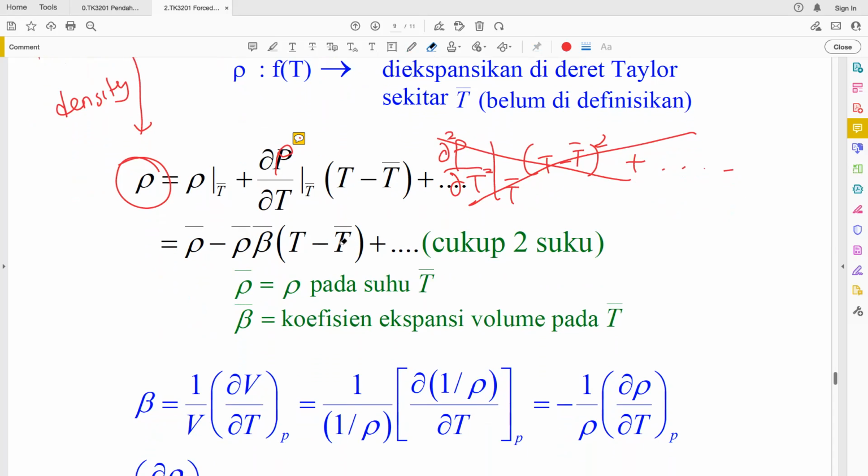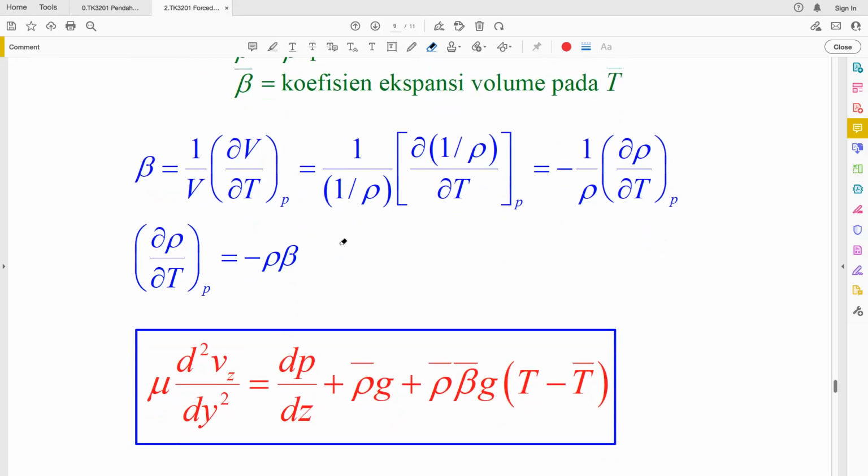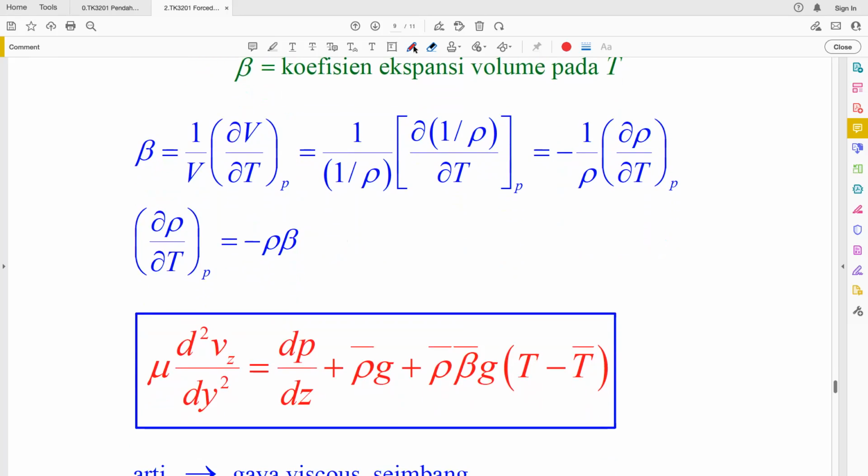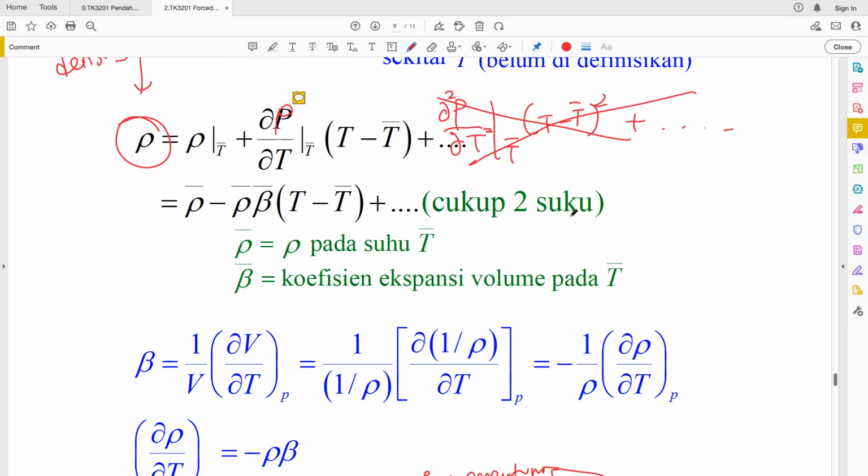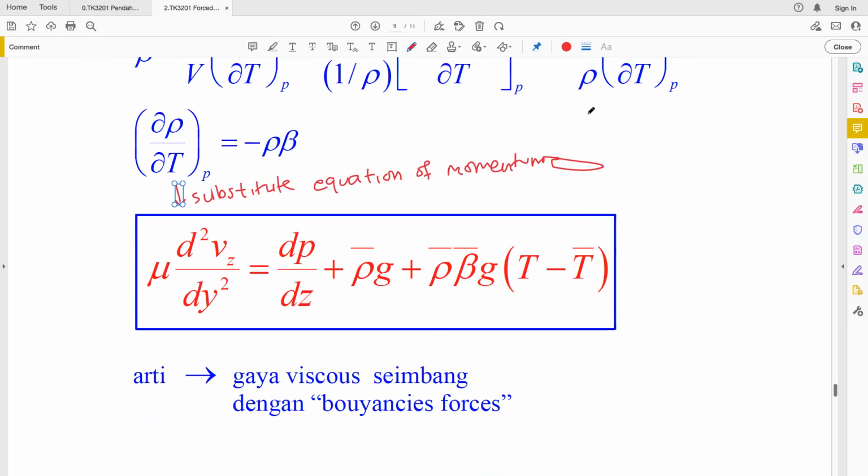Okay, so long story short, we can substitute the equation of momentum transport with rho, and this is a function of temperature.